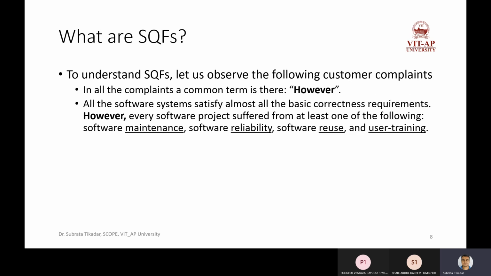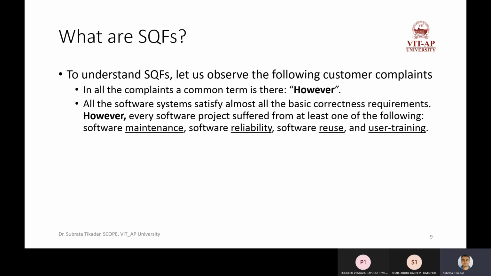Now, in all the complaints, a common term was there, you have probably noticed, which was highlighted with bold font. All these software systems satisfy almost all the basic correctness requirements. However, every software project suffered from at least one of the following: software maintenance, software quality, software reuse, and user training related issues.